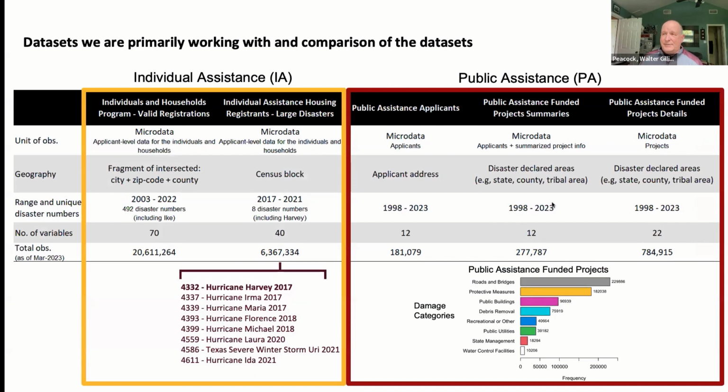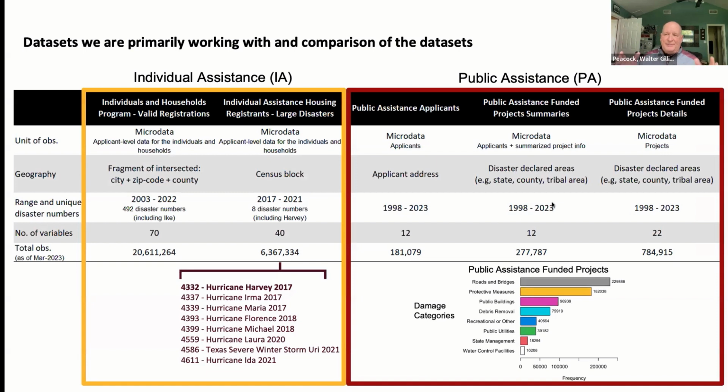For the individual assistance, there are two data sets we're working with: a valid registration data set and then the large disaster data set. Both are at the micro level, by which we mean the application level. For each individual household or individual that's applying, that's the unit of analysis.